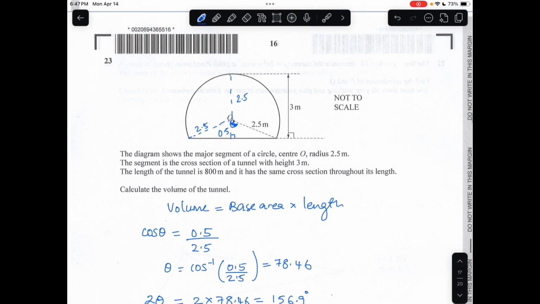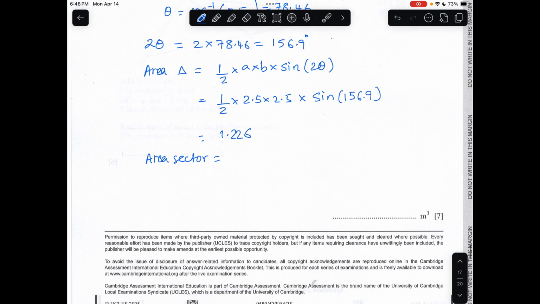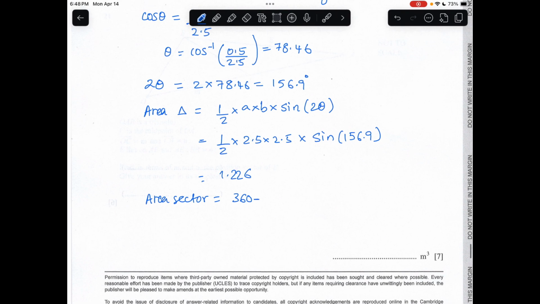Then we calculate the area of the sector. We calculated the area of the triangle. We know this angle. To calculate the area of the sector, we would need this angle. This angle is going to be 360 minus the angle that you calculated over here. So area of sector is going to be theta over 360, where theta is 360 minus the angle which we calculated previously, 156.9.